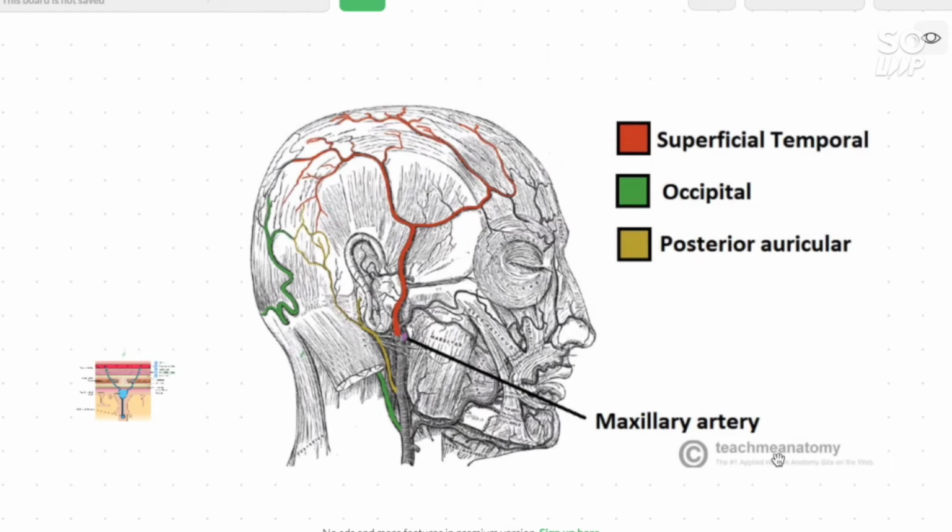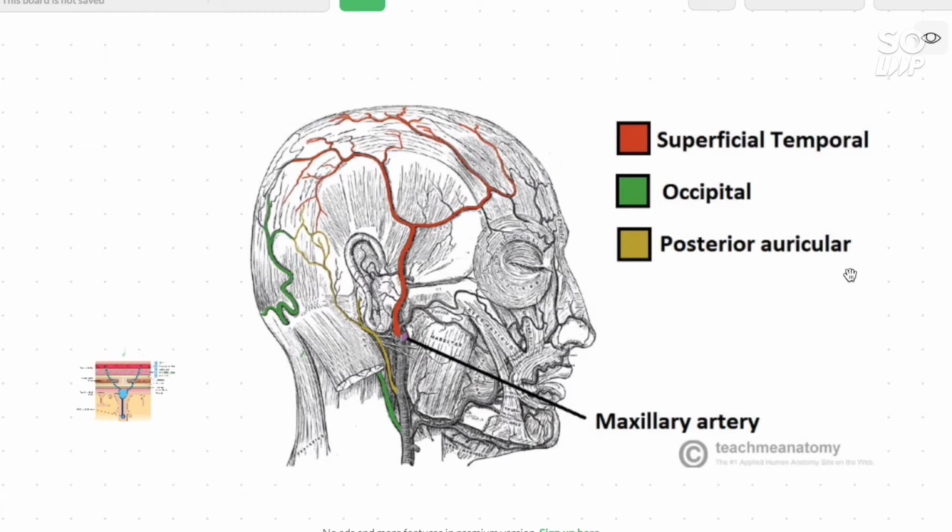So remember, the scalp is supplied by two main arteries, the internal carotid and the external carotid. From the external carotid there are three branches: the superficial temporal, the occipital, and the posterior auricular. And from the internal carotid there is a branch we call the ophthalmic artery.